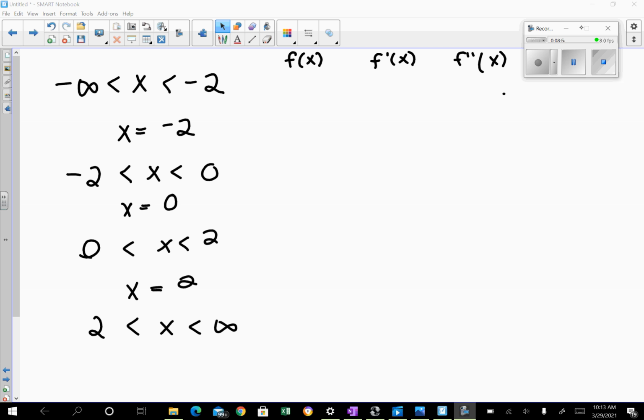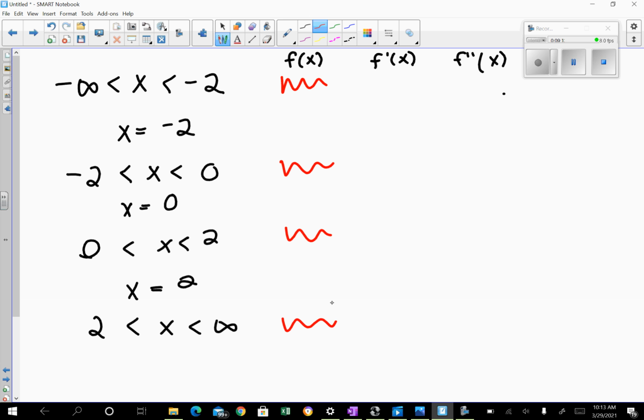Okay, so in the intervals, we don't look at what the function's doing. At 2 and negative 2, it was undefined.